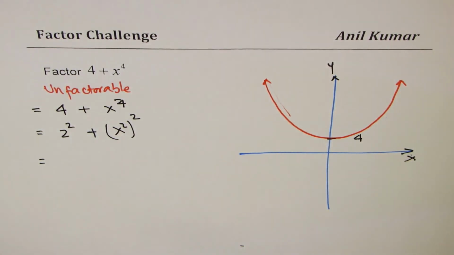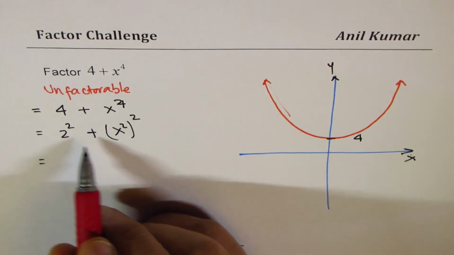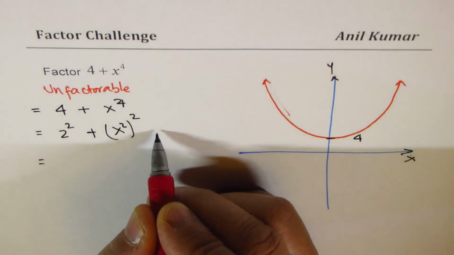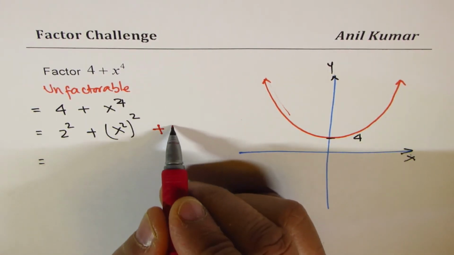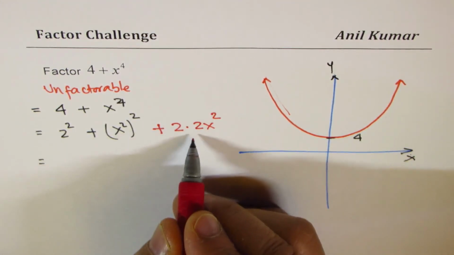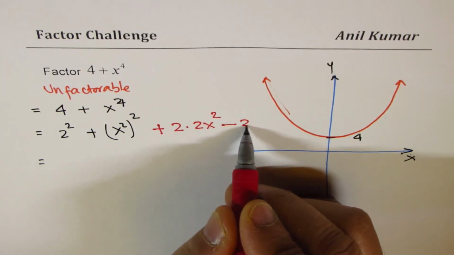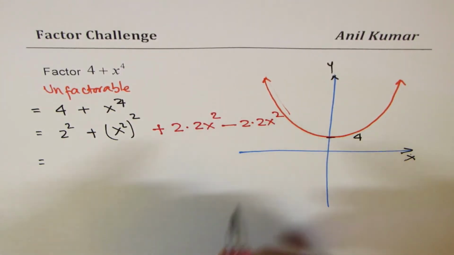What we really need here to factor is a term 2ab, right? a plus b whole square is a square plus b square plus 2ab. So what we need here is 2 times 2x squared. This is what we need. So we can add and subtract this term, 2 times 2x squared. Does it make sense to you?